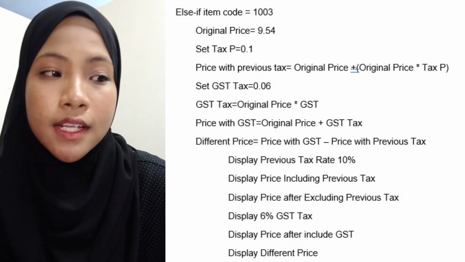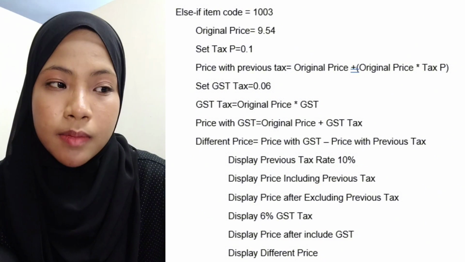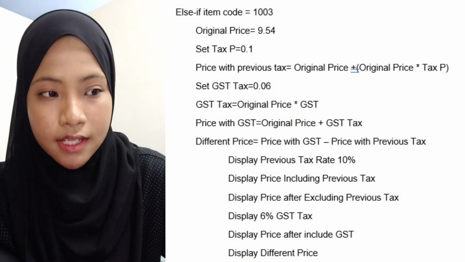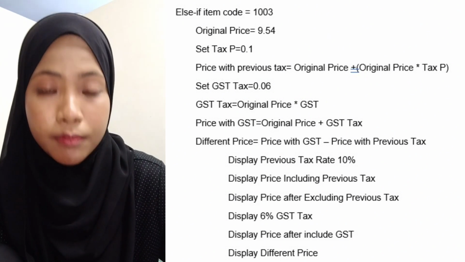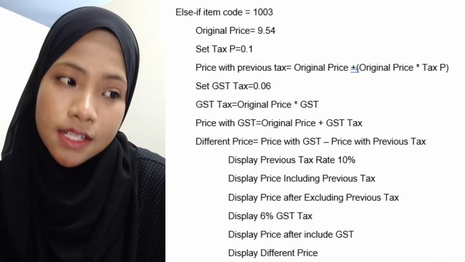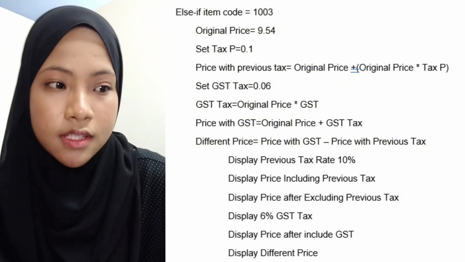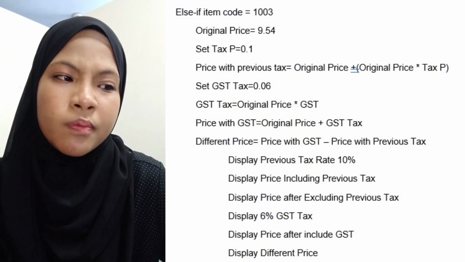And display will be display previous tax rate 10%, display price including previous tax, display price after excluding previous tax, display 6% GST tax, display price after include GST, and display different price.